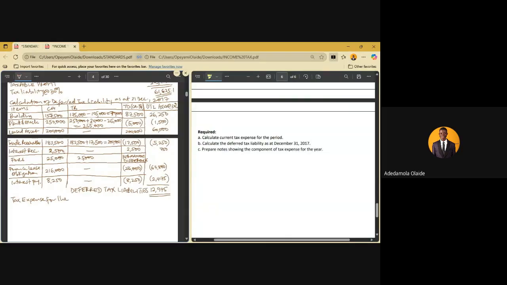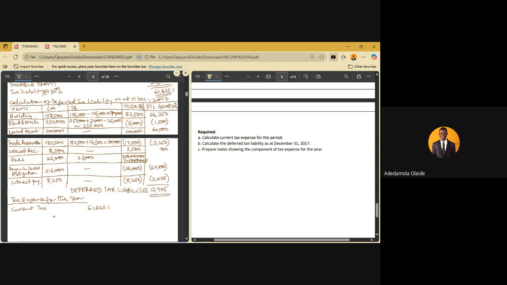So to calculate the tax expense for the year, we'll now have the current tax. We calculated that to be 61,625.1.